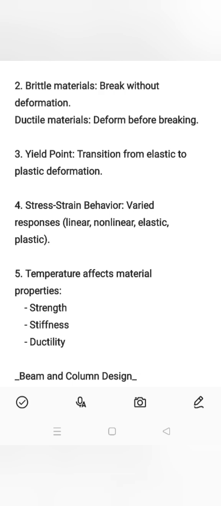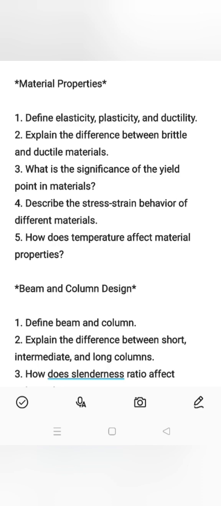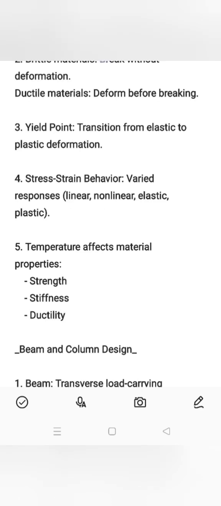Stress strain behavior shows varied responses: linear, non-linear, elastic, plastic. How does temperature affect material properties? Temperature affects material properties: strength, stiffness, ductility.